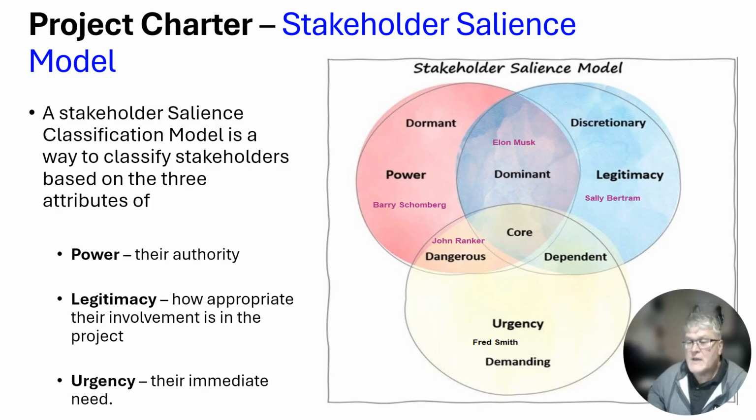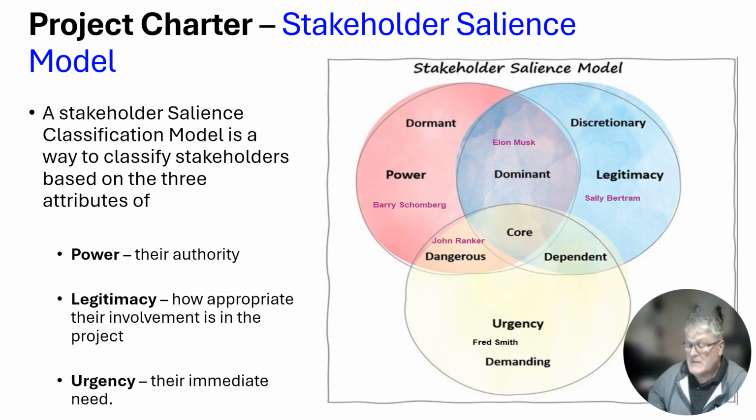This is what's known as a stakeholder salience model. The stakeholder salience model is a Venn diagram, and it has three zones in it. One is power, which means you are establishing the authority that a stakeholder has over your project.